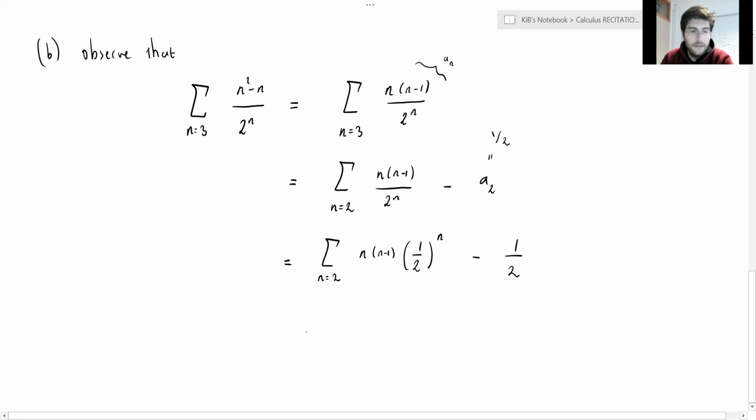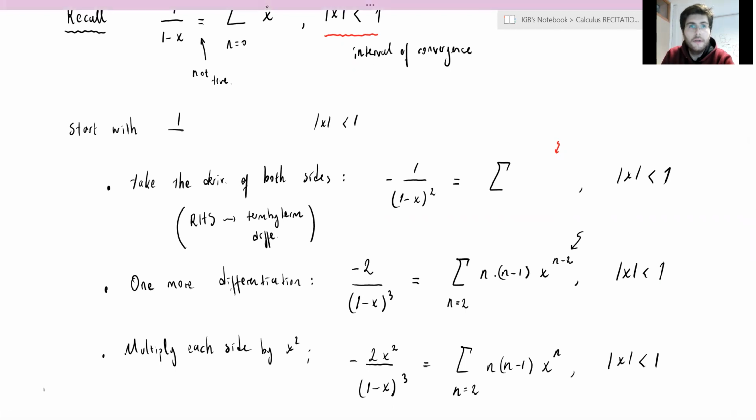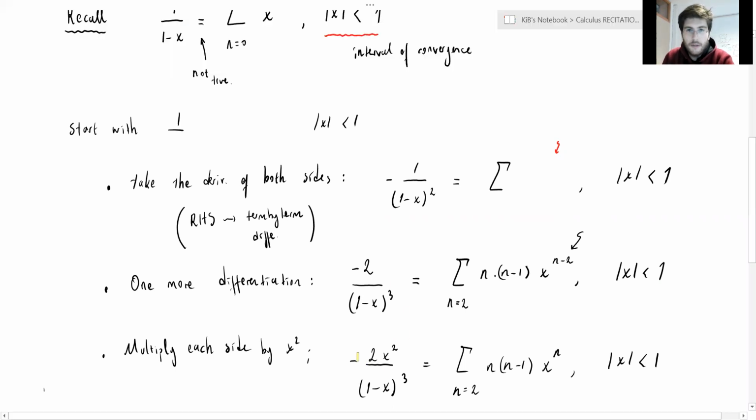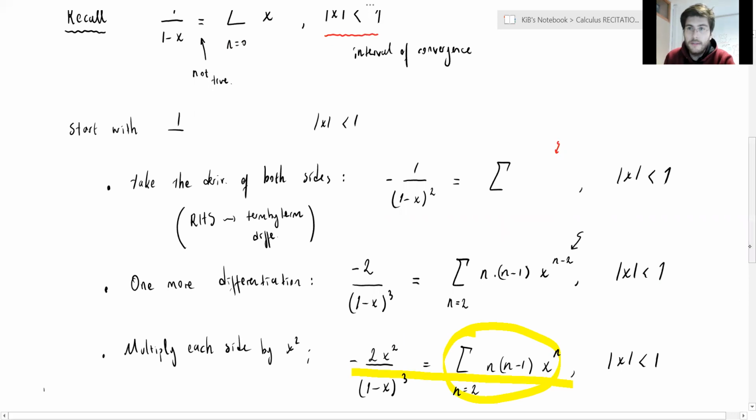And if you go back and look at part A, by part A with x equals 1/2, we have exactly the same expression on the right-hand side, but exactly when x equals 1/2. And therefore just apply 1/2, and let's see what we get.